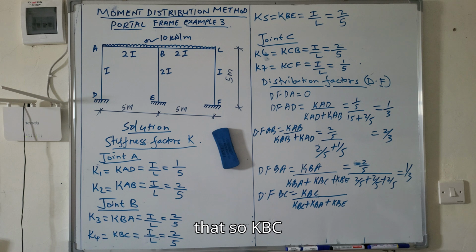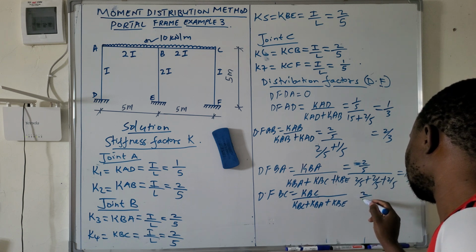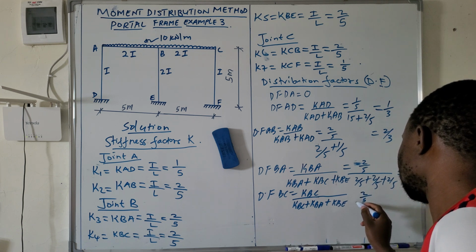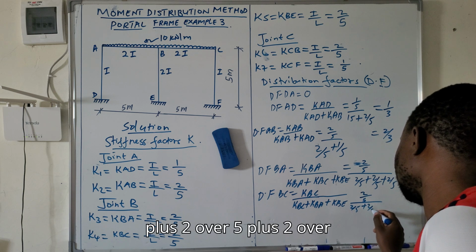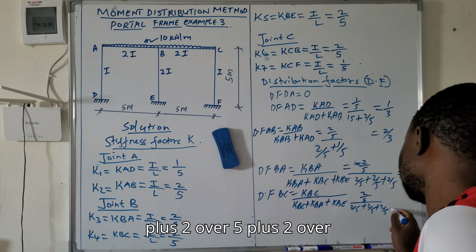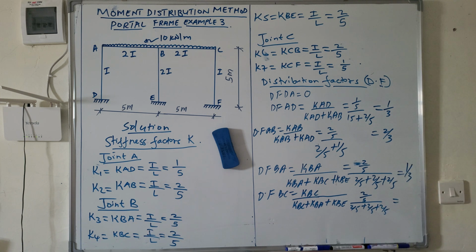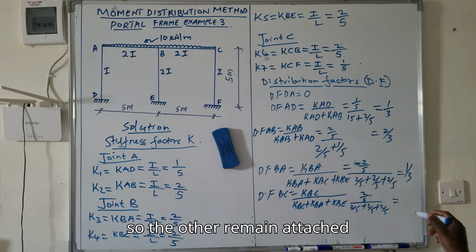So KBC is 2 over 5, over 2 over 5 plus 2 over 5 plus 2 over 5. So the answer remains a third.